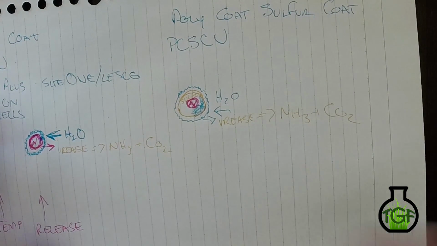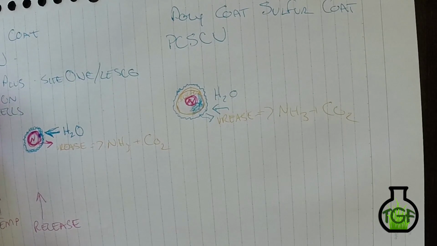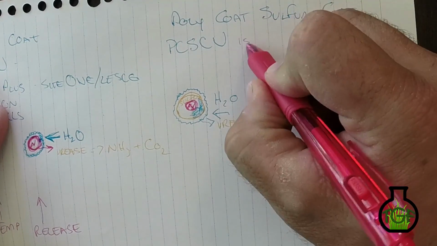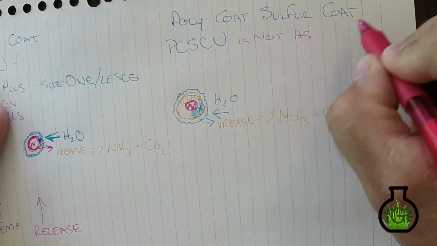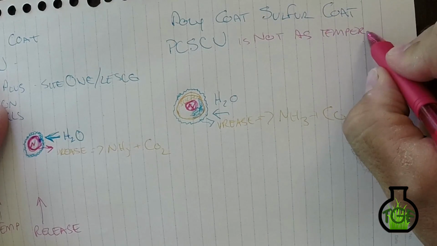So the one advantage to PCSCU over a true polycoat is that PCSCU is not as temperature sensitive as polycoat.